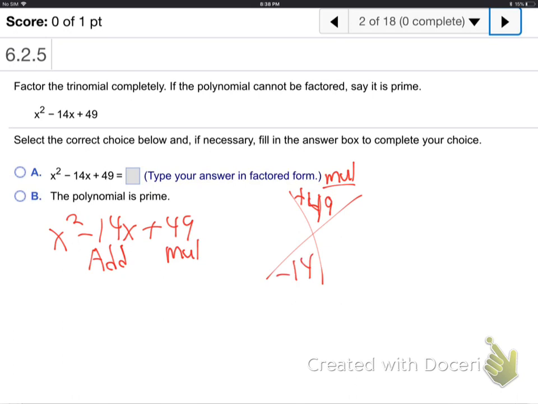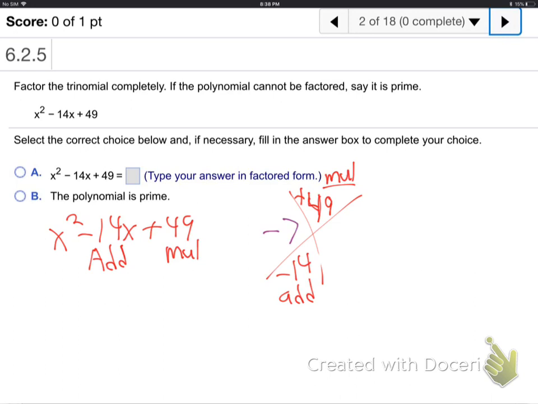And they got to add to be minus 14. So use your calculator if you need to. All right, what two numbers multiply to be plus 49 and add to be negative 14?